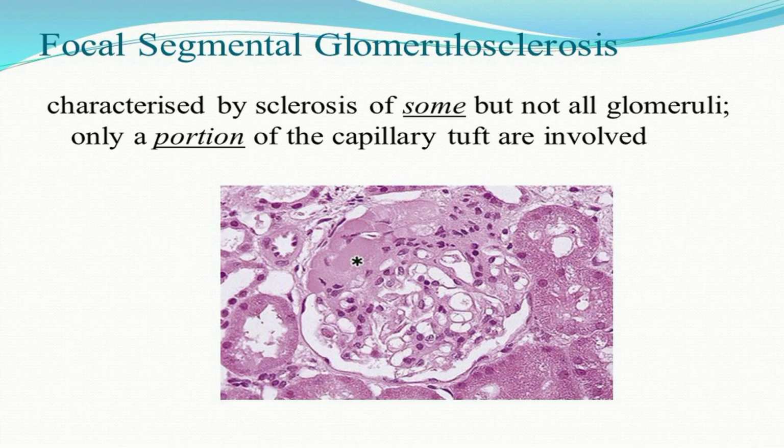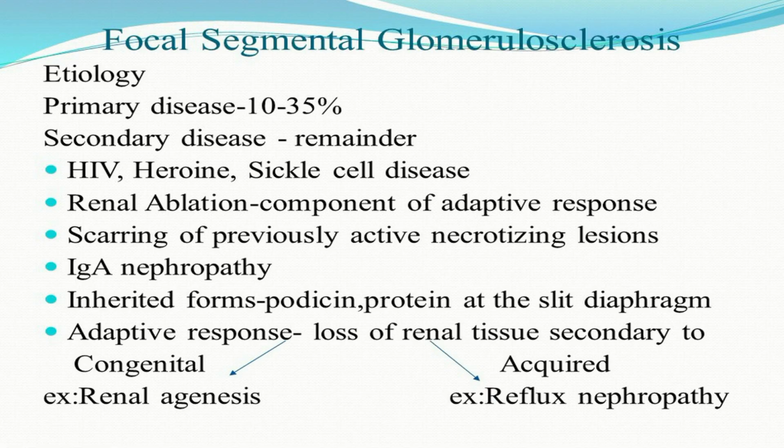The next one is focal segmental glomerulosclerosis. So what do you mean by focal and what do you mean by segmental? Only some of the glomeruli are affected, and in the affected glomeruli only a portion of the capillary tuft is involved. Coming to the etiology, primary accounts for only a minimum of the conditions, whereas secondary causes are the most important cause for FSGS.